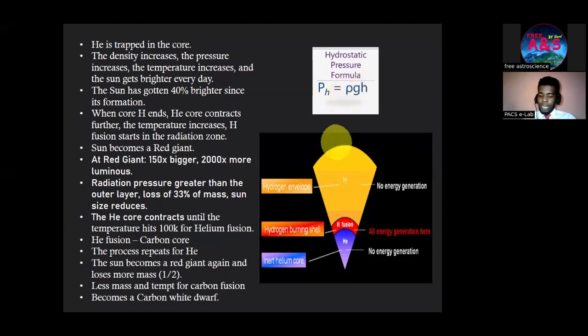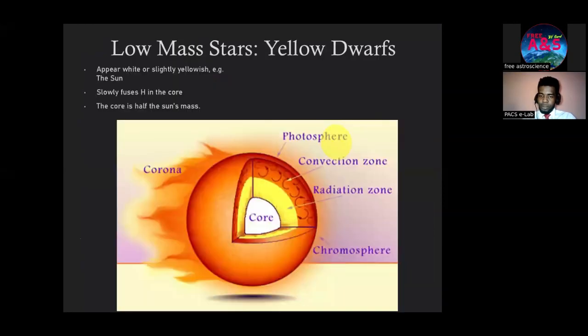Now, I talked about the radiation zone. You understand? The temperature in this radiation zone is not up to 10 million Kelvin. It can't fuse hydrogen. Remember, I told you all the activity in a star is in the core, not outside. So the temperature here is not even enough to fuse hydrogen.